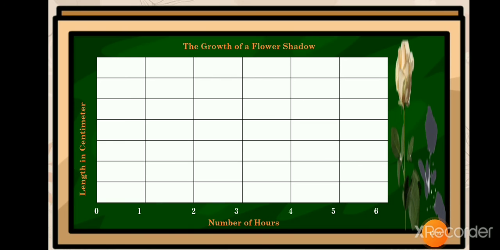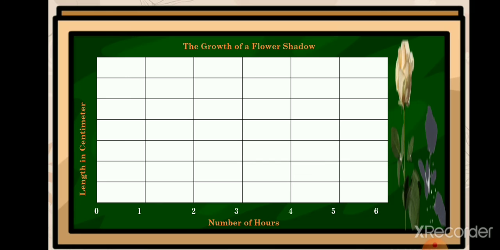And now our graph is ready for our data. If the flower had no shadow at noon and you start to record the growth of the flower shadow after an hour and you got 3 centimeters of shadow each hour until 6 p.m., what would the graph look like?